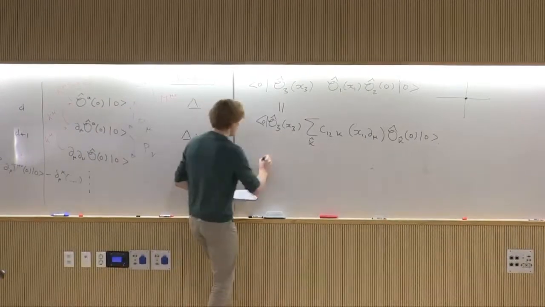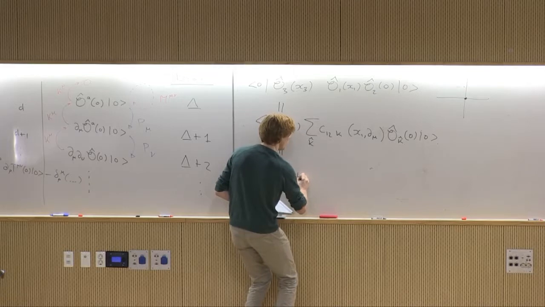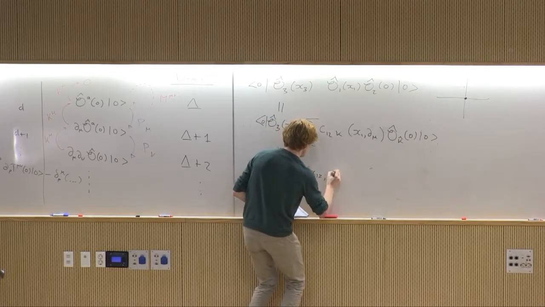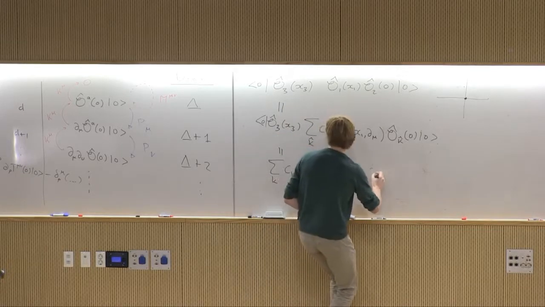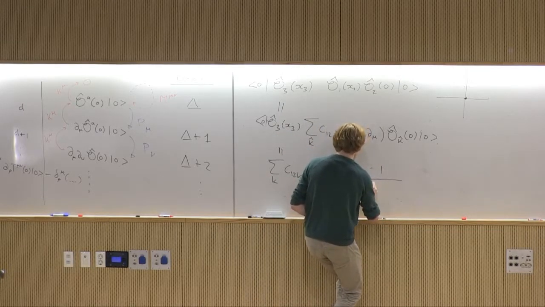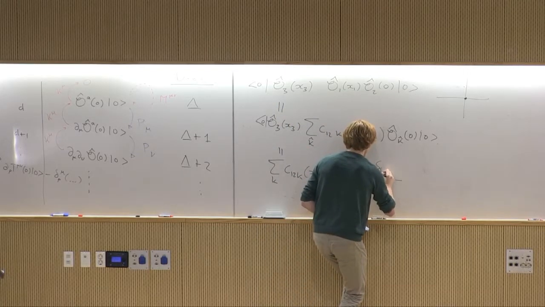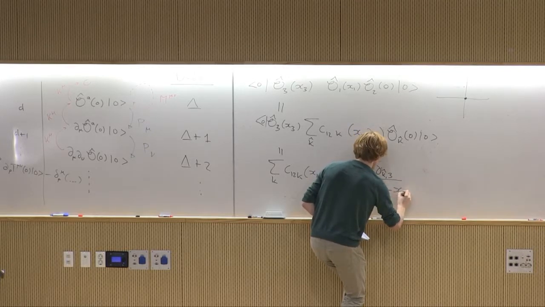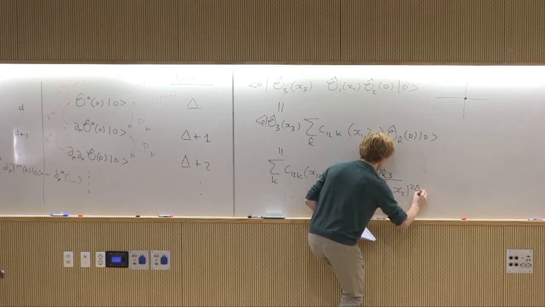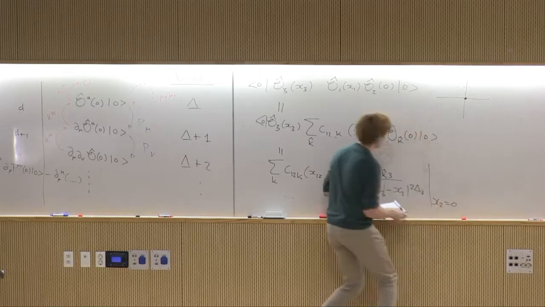Then I see that this is the sum over k, C1, 2k, of x1, 2, d/dx2 mu acting on the two-point function of scalars, which in a suitable normalization is just delta k hat 3, 1 over x3 minus x2 to the 2 delta 3, at x2 equals 0.